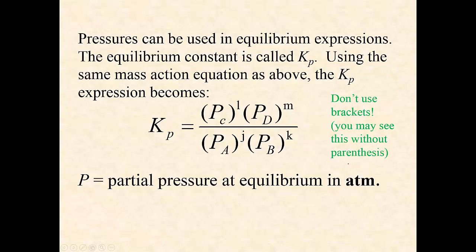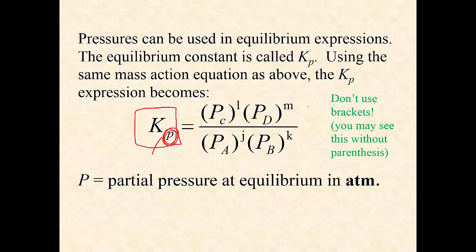Okay, here's another one that hopefully on a quiz you don't cry because you made a silly mistake. We can have KP. P, highlight that, KP. P stands for pressure. Do not use brackets when it's asking for a KP. KP needs partial pressures.